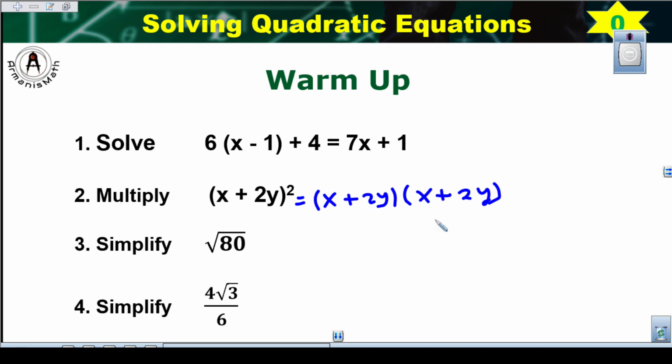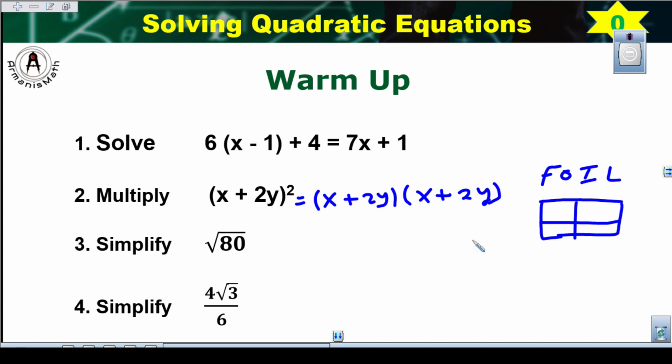There's multiple ways you could multiply, one of which is to FOIL. Not a big fan of FOIL since it is pretty limited to only 2 by 2 items. You could also distribute, take one parenthesis and distribute out, or you also could do the box, which is my favorite method. Okay, so I'm going to do the box with you here.